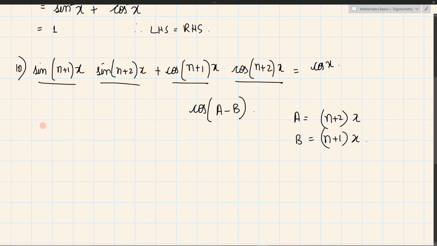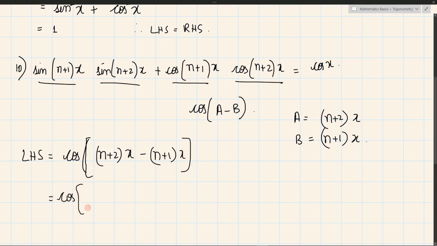So we have LHS is equal to cos of n plus 2 of x minus n plus 1 of x. So this is equal to cos of nx plus 2x minus nx minus x. So this is equal to cos x.